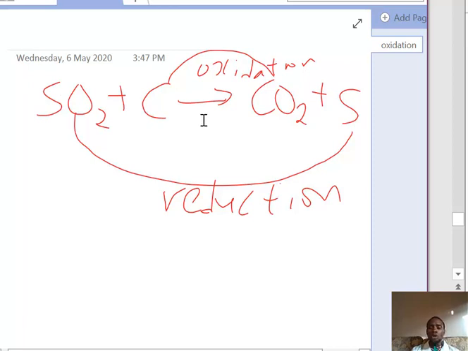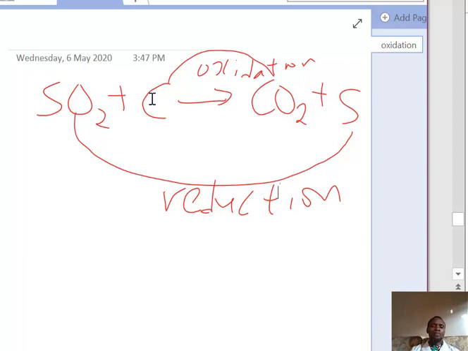So if you see your options and you see CO2 and sulfur there, you know that the CO2 and sulfur can never be the answer. It's between the sulfur(IV) oxide and the carbon that you have the one that becomes reduced, the one that becomes oxidized, the oxidizing agent, and the reducing agent. Carbon here is the one that becomes oxidized, and it is the reducing agent.